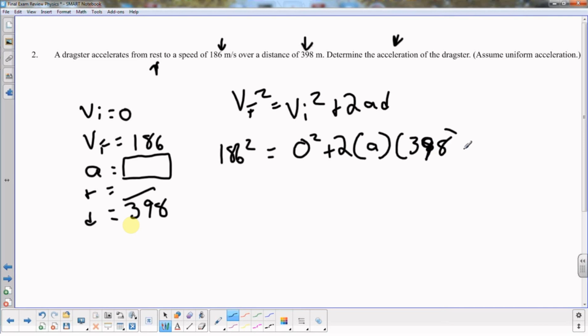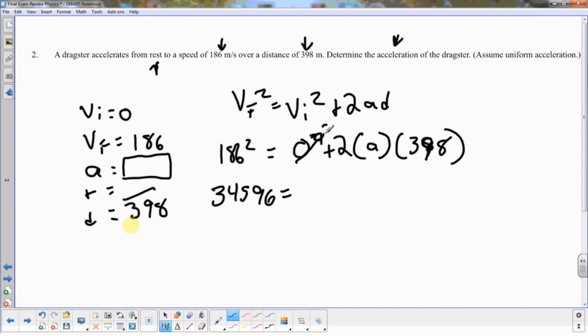And let's see, what can we do here? 186 squared is a big number: 34,596 equals 2 times 398, which is 796.